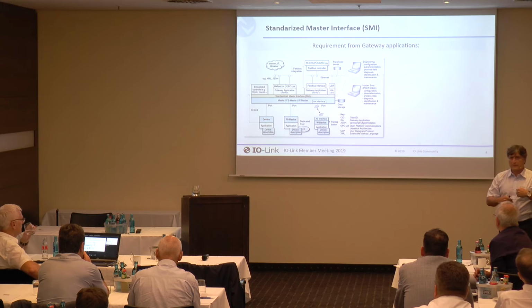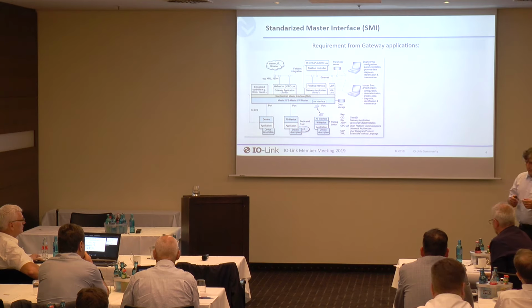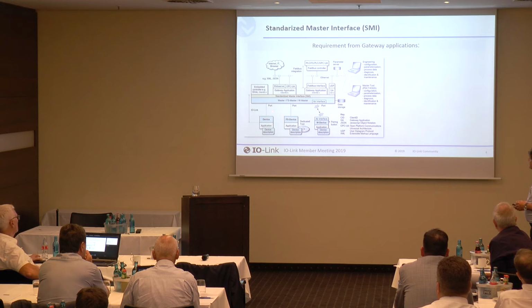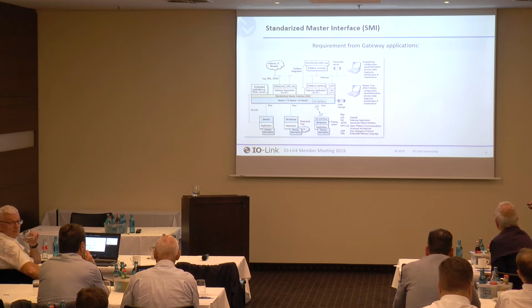It could be a web server, an HTTP server, an OPC UA server and a fieldbus gateway, and all these gateway applications want to have access to the master and the master ports. We have to do some definitions, not only defining the behavior on a port and on a wire, but in combination with the intermediate sections to the gateways.